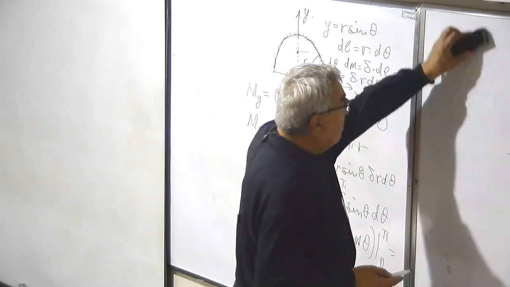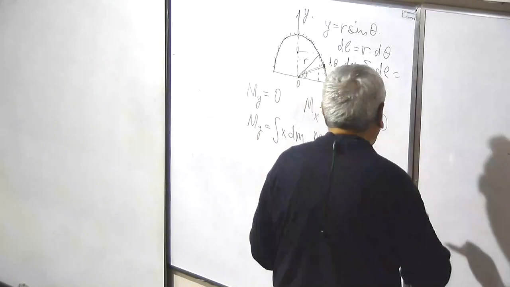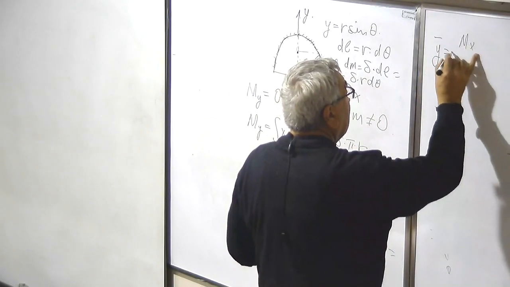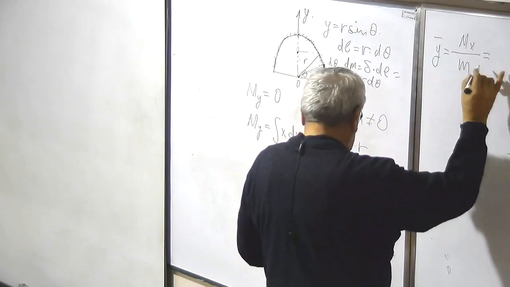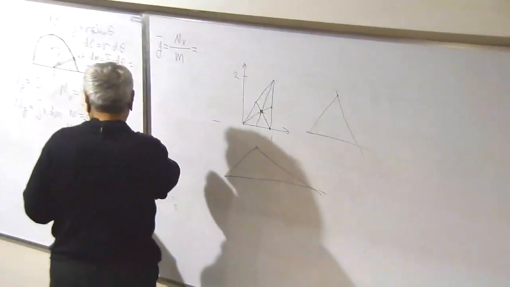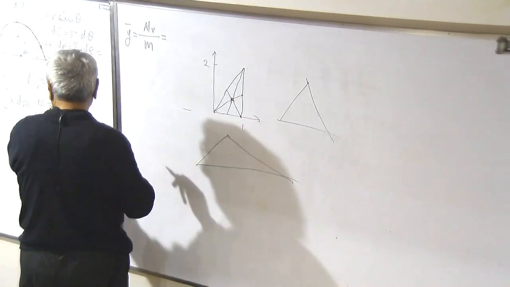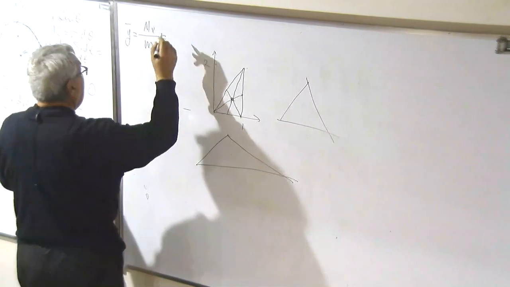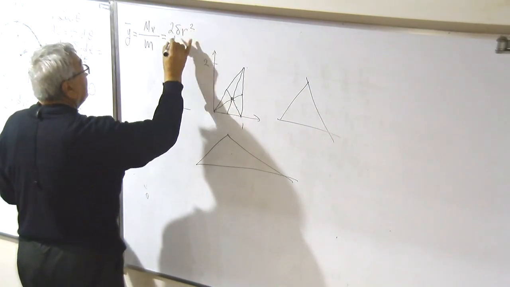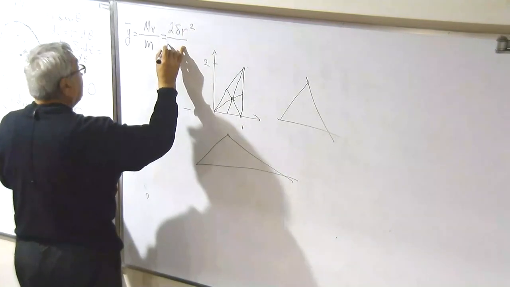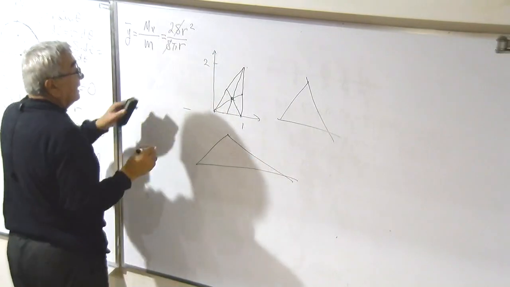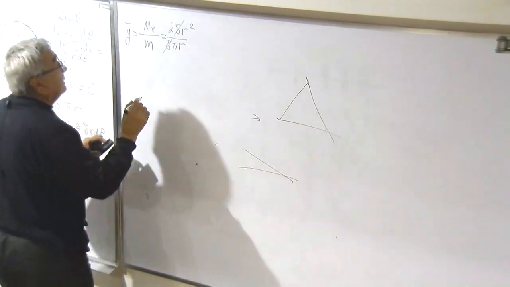Okay, so now that means my coordinate equal to mx divided to mass. That means mass should be equal pi, here will be this result. That means that here we receive the 2 delta r square by delta pi r. That means the delta again cancelled.